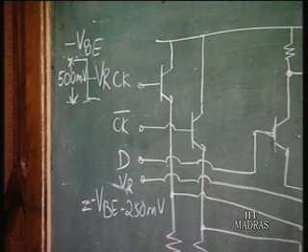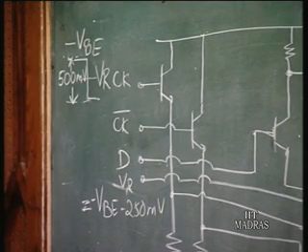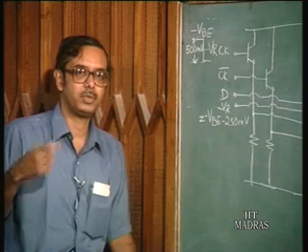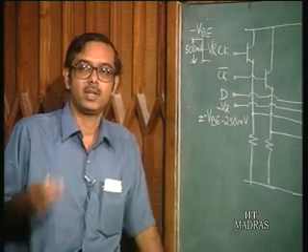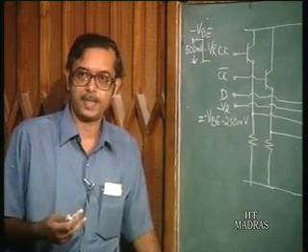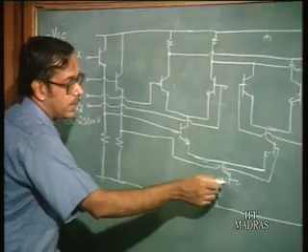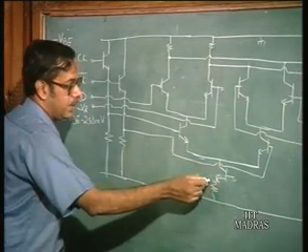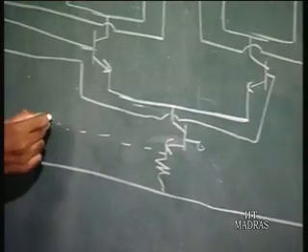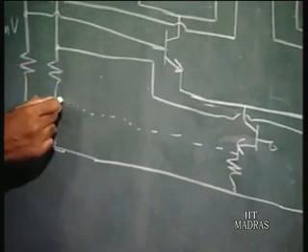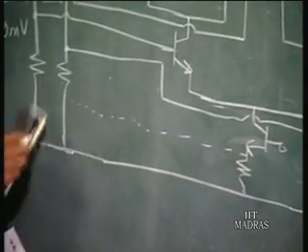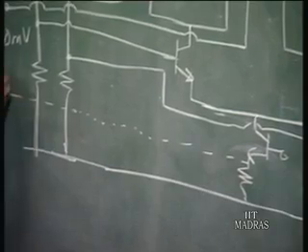Now, let us see what is the power supply requirement, or we should say what is the minimum value of VEE one requires for this circuit to operate. Now, here you have a current source with a resistance, and the drop across this resistance is one drop.